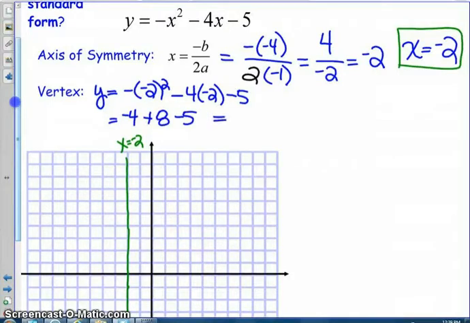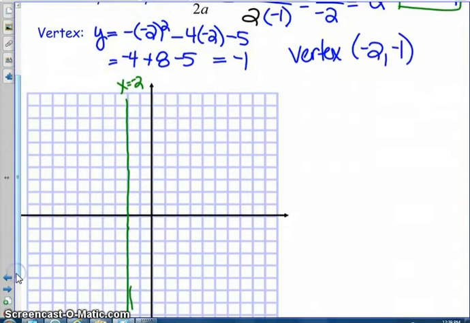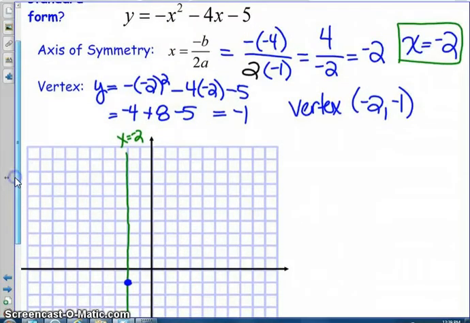So this turns out to be negative 4 plus 8 minus 5, which is negative 1. What I know from just doing that calculation is that my vertex is at negative 2, negative 1. So along my graph, negative 2, negative 1, right here, this point is my maximum value. That's my vertex. That's the highest point my parabola is going to get at.